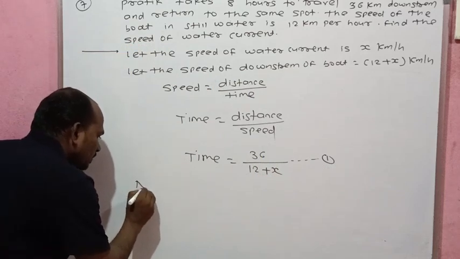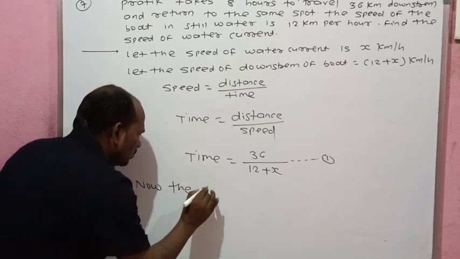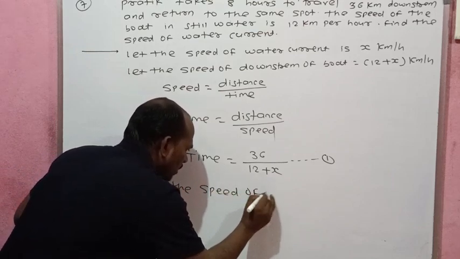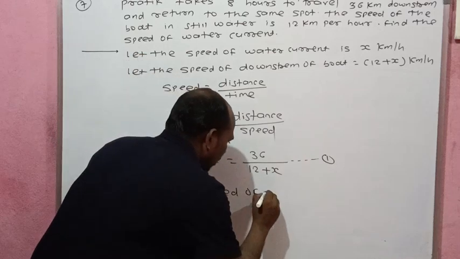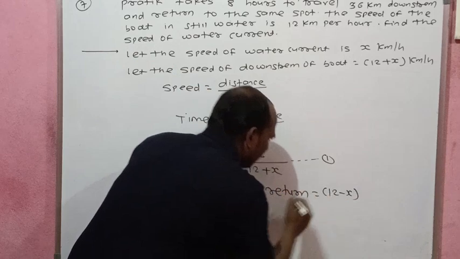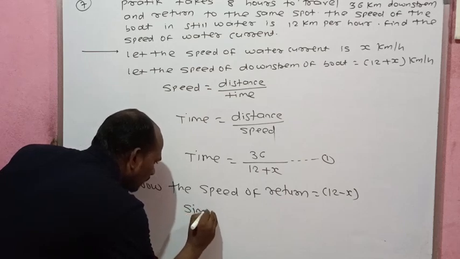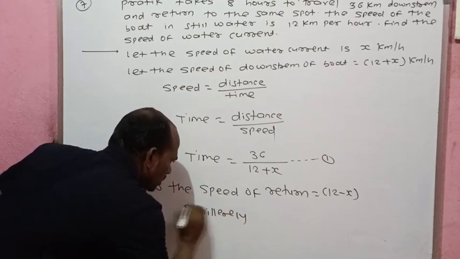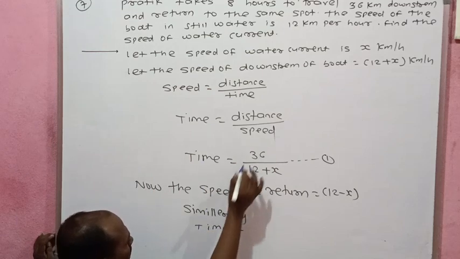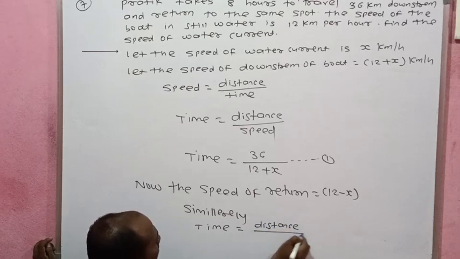Now the speed of return is equal to 12 minus x. Similarly, time is equal to distance upon speed.